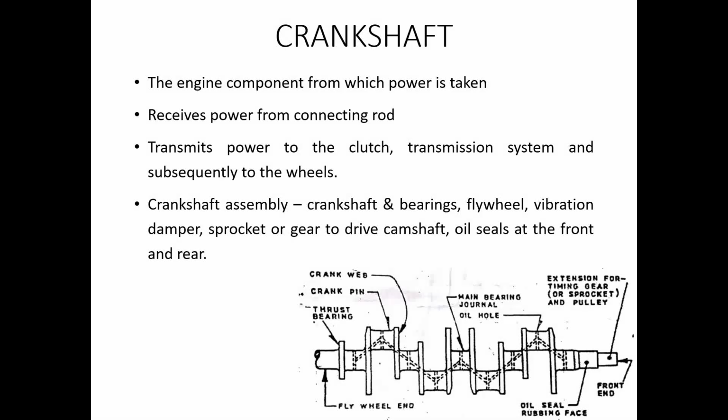The crankshaft assembly consists of the crankshaft and the bearings that are integrated with the crankshaft. There may be a flywheel, which is used to store energy for rotating the crankshaft during the idle strokes. Then it may have a vibration dampener to reduce the vibrations produced due to the rotary motion of the piston. And it also has a sprocket or a gear to drive the camshaft.